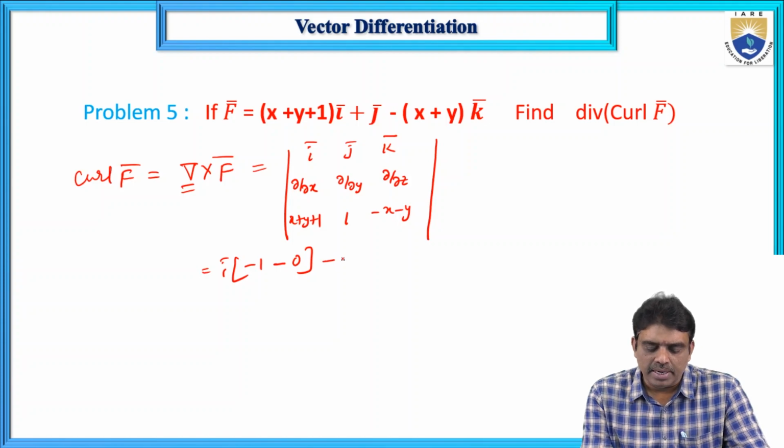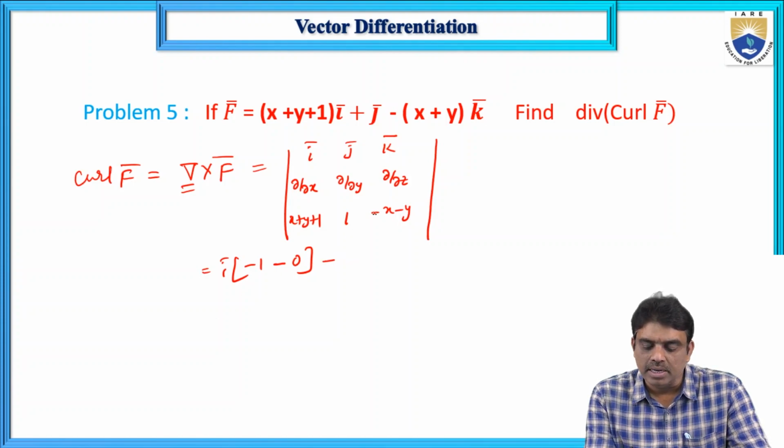And next, minus. So here you can find dou by dou x, x plus y plus 1, i bar into dou by dou y of minus of x minus y.